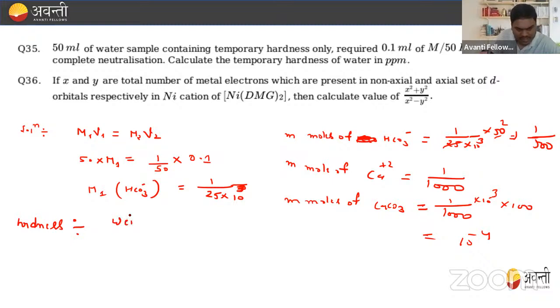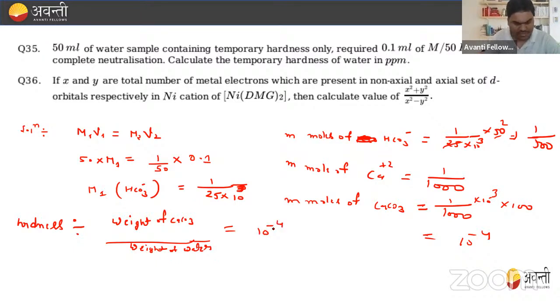So weight of CaCO3 divided by weight of water is equal to 10 to the power minus 4 upon 50 into 10 to the power 6.